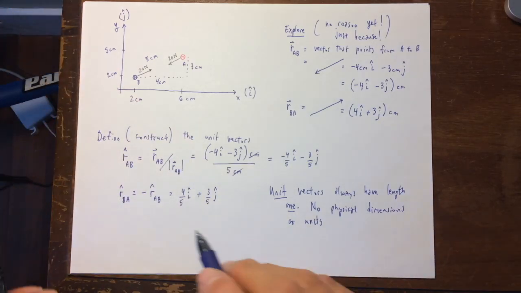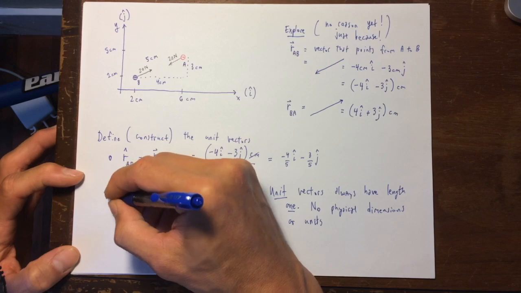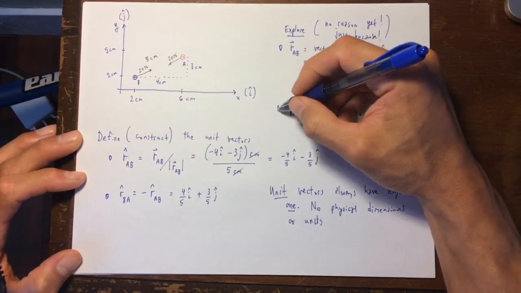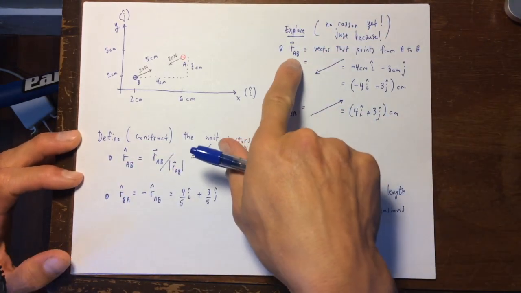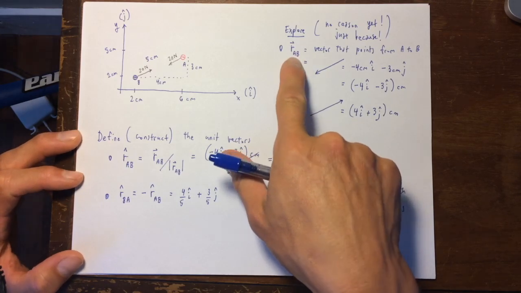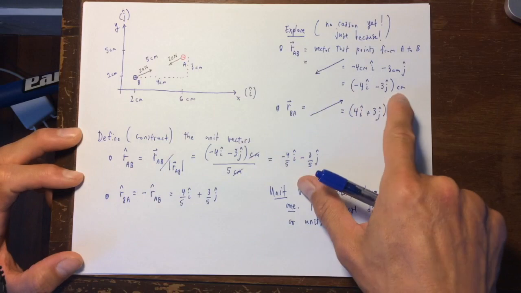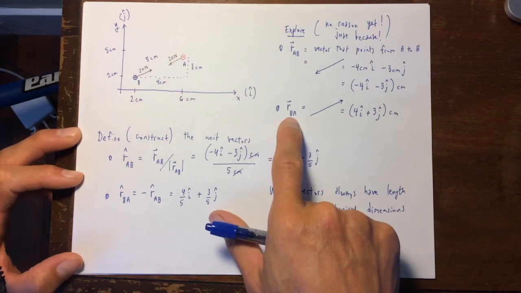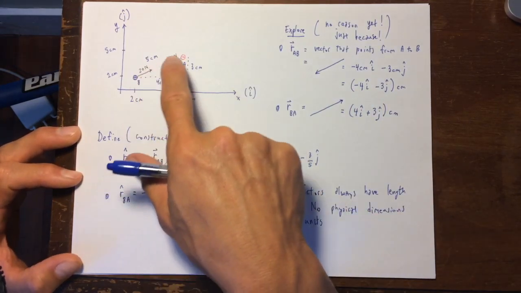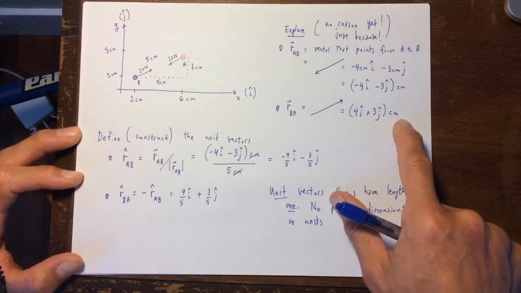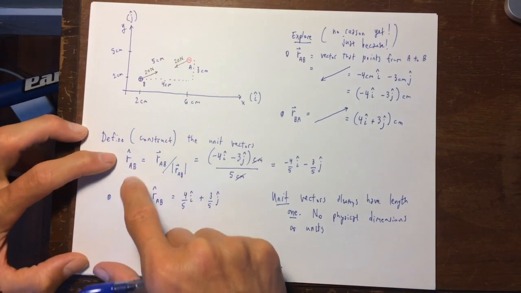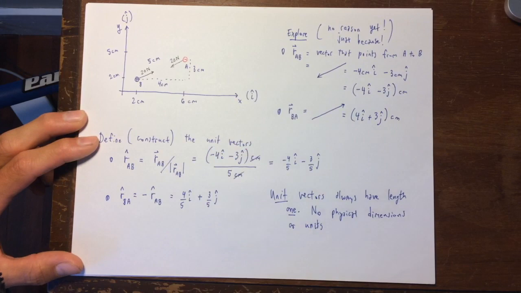All right, so the reason that I wanted to show you these things: I was able to make vectors. This is the vector that points from object A all the way to B. Here's the vector that points in the opposite direction, from B all the way over to A. These things right here are so-called unit vectors.